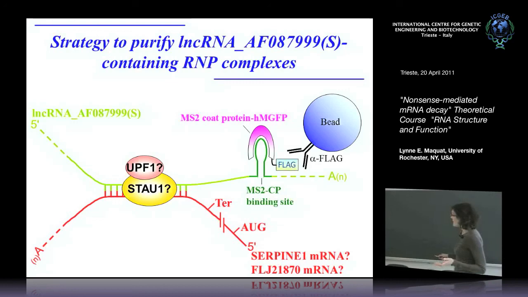The way he did this is he inserted 12 copies of the viral MS2 protein binding sequence into the long non-coding RNA and co-expressed that with a flag-tagged protein that had the MS2 coat protein as part of it. And he did an immunoprecipitation using the anti-flag, and was able to purify the whole thing.